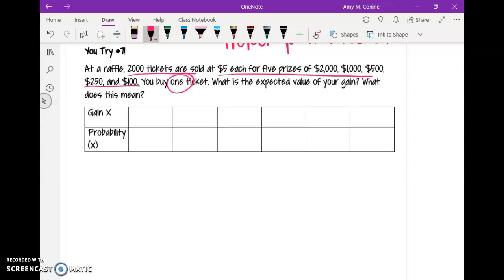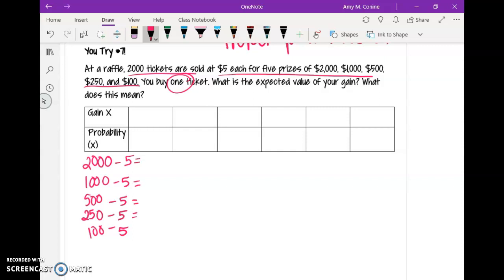So the first thing that we need to do is take the dollar amounts that we can win: the 2,000, 1,000, the 500, the 250, and the 100, and we're going to subtract the amount of our ticket, which is $5.